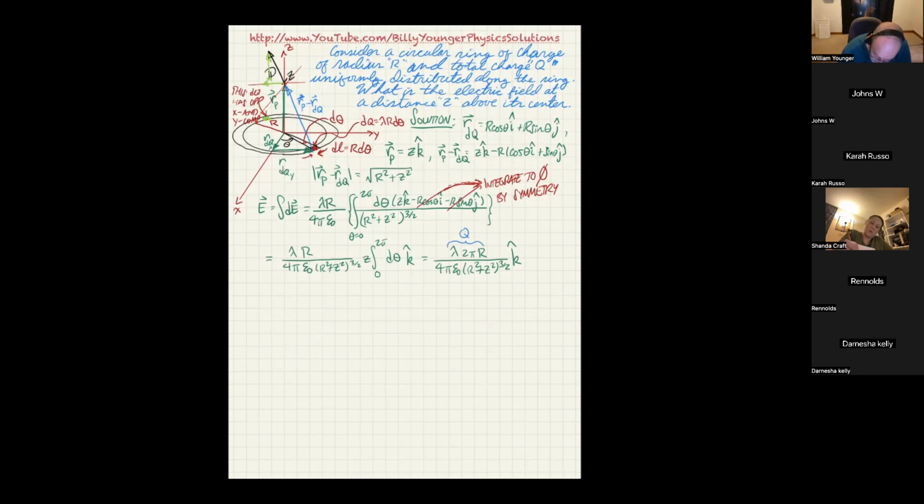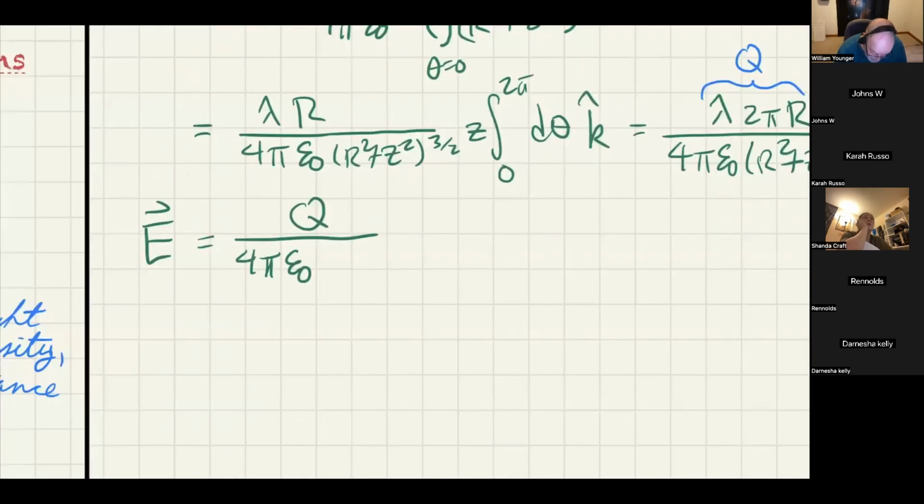So I can now say that the electric field E is equal to Q over 4 pi epsilon naught. Actually, I don't like that pi. Let me see if I can make a better pi. It looks like I can screw up everything really nicely.